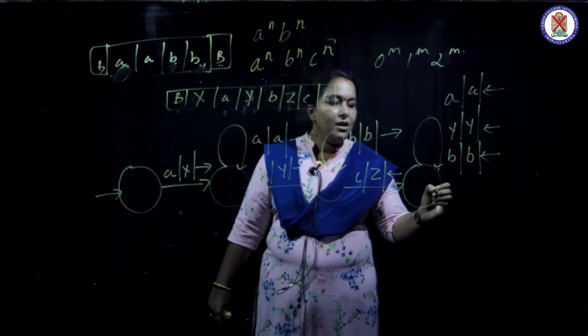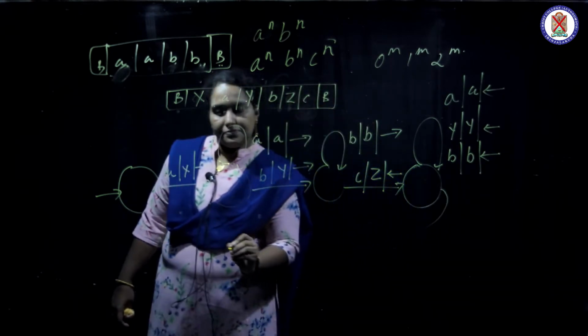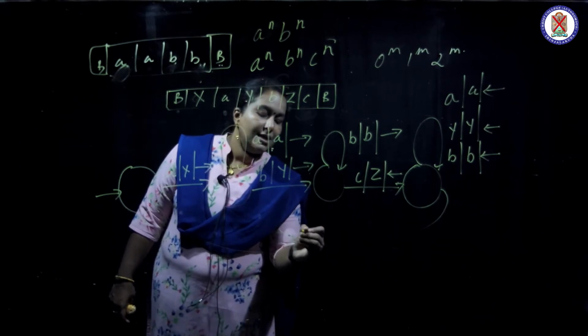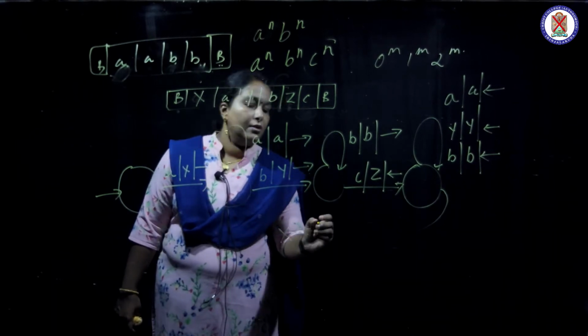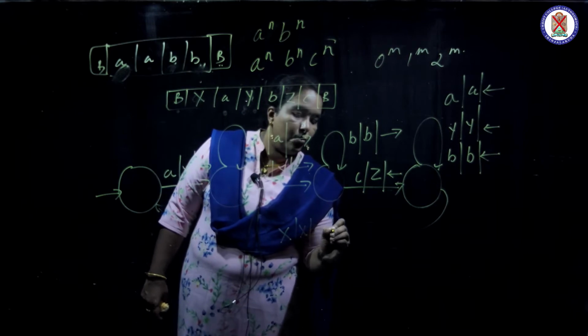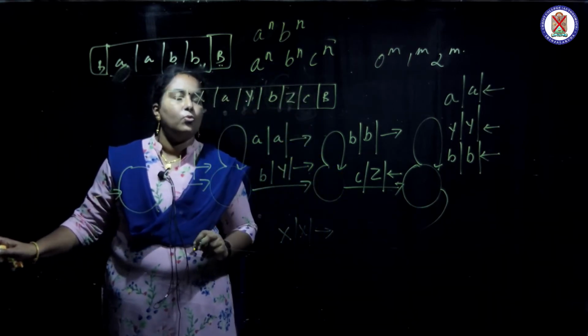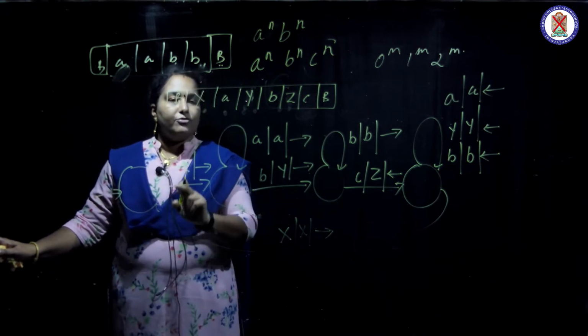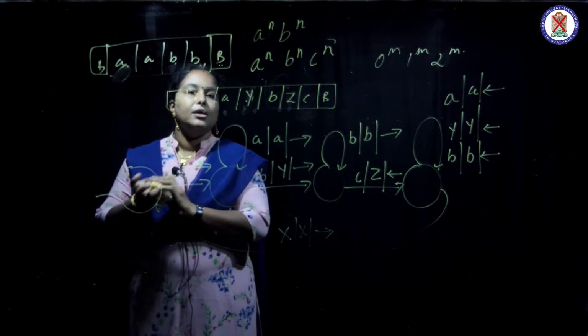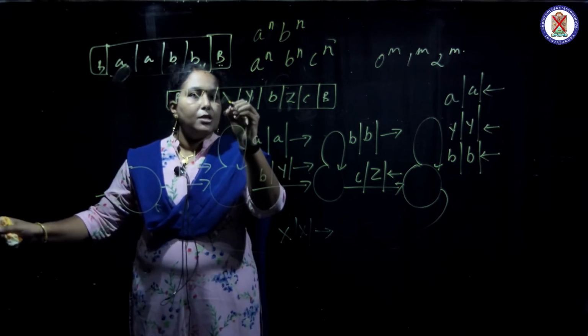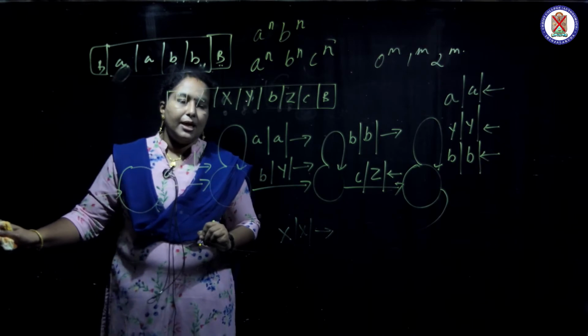Okay, then when I see x, I make it as x and move forward, isn't it? After moving forward, the next a will be seen, so I again make it as x.